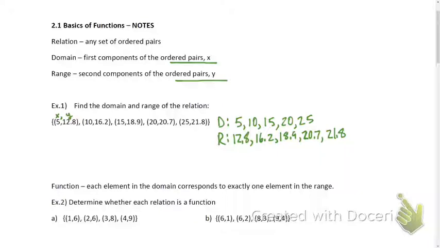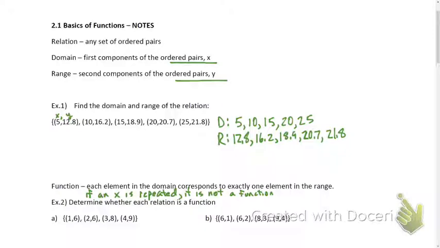On number 2, you're trying to decide if it's a function, because there are cases where it's a no. If an x is repeated, used more than once, it is not a function. So you look at all your coordinates, and if any x is repeated, you say no.